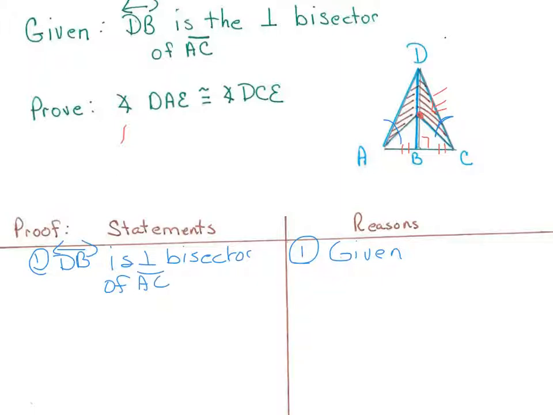How does a perpendicular bisector, how's that going to help me prove triangles are congruent? What does the perpendicular bisector theorem say, Mary Helen? You can go back and look at it if you need to. What does it tell us?